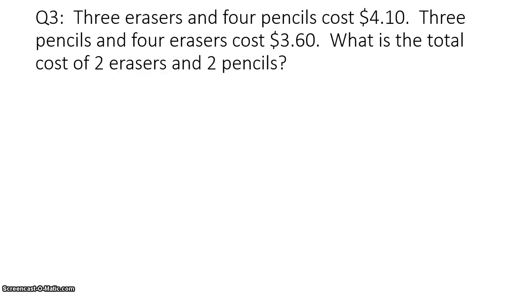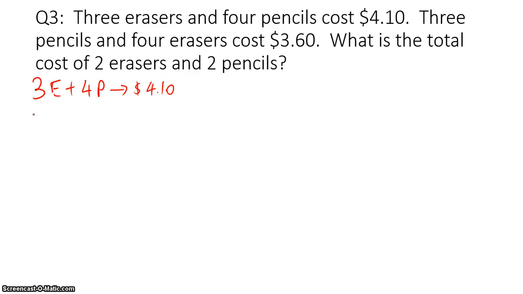Okay, 3 erasers and 4 pencils cost $4.10. So let us write this down. 3 erasers and 4 pencils cost $4.10. Okay, 3 pencils, no, it's the other way around. 3 pencils and 4 erasers cost $3.60.